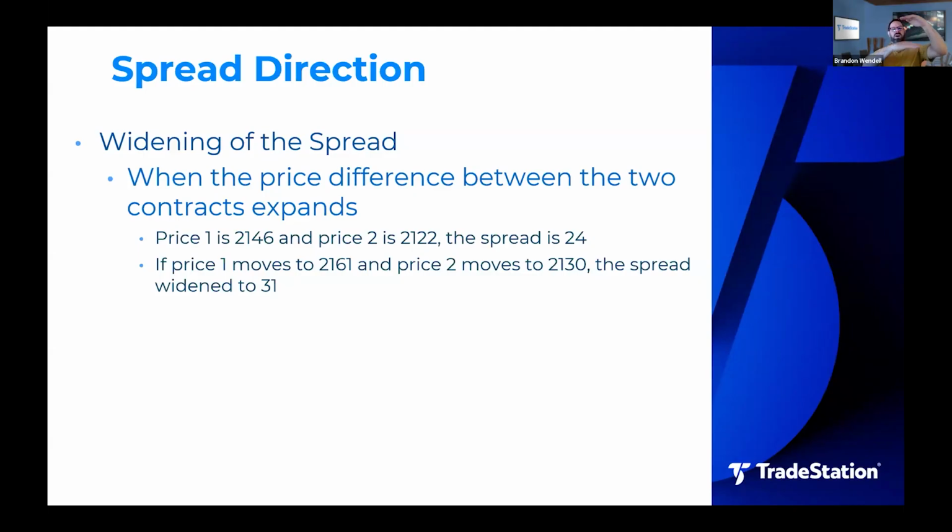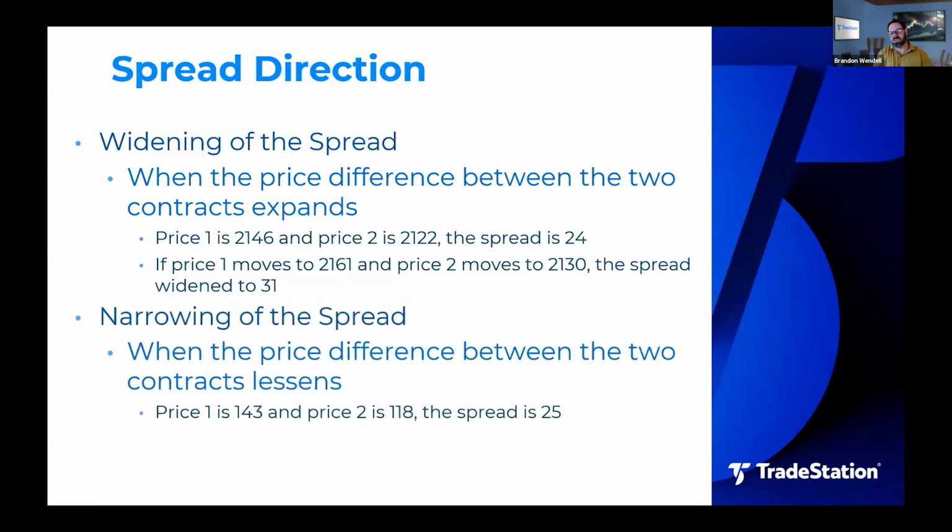If they move up, and the first one moved up almost 20 points, not quite, to 21.61, the second one moved up as well, but not nearly as high, only 8 points. You notice that difference between them went from 24 to 31. Even though they both went up, one moved faster than the other. That's the spread widening, as I said.